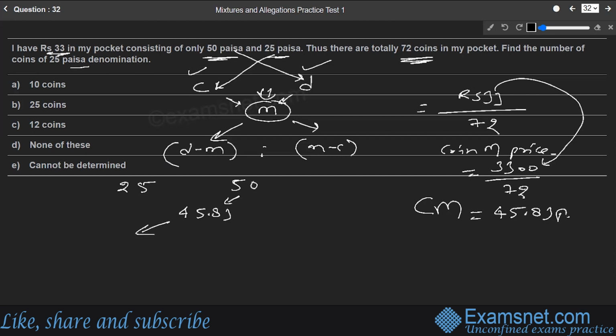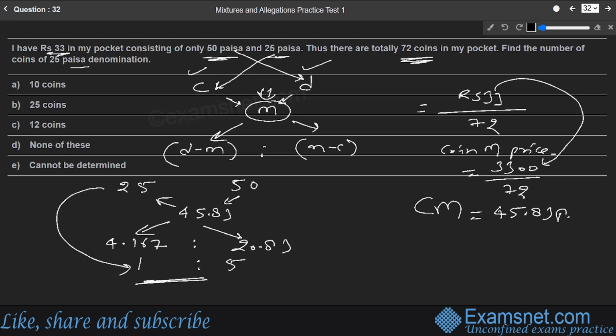It is the subtraction of 50 minus 45.83, that is 4.167, and M minus C, the difference of 45.83 minus 25, which is 20.83. The ratio between 4.167 and 20.83 is nothing but 1 is to 5. So the 25 paisa coin should be one part and the 50 paisa coin should be 5 parts.